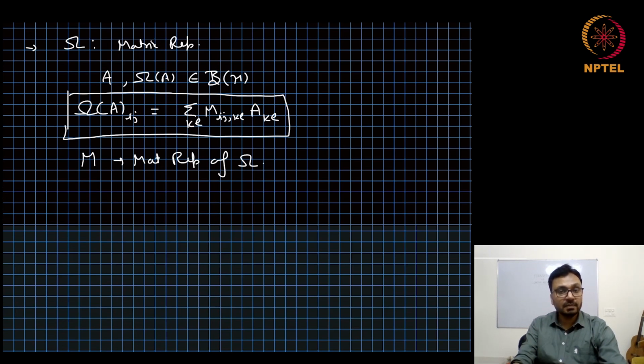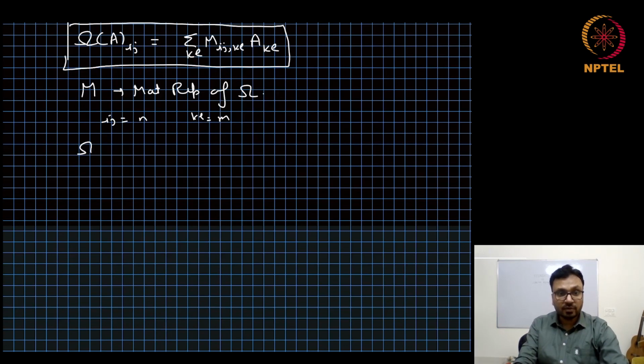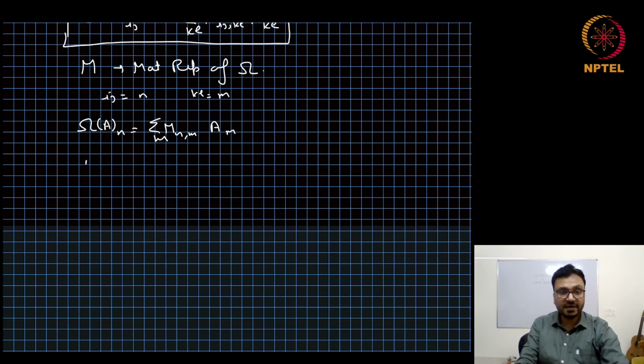We are using a double index, so if we identify ij with small n and KL with small m, then we can say that omega of A, n, is M_nm A of m, sum over m. In that way, you can see that we have a vector which is omega of A, and that is equal to some matrix acting on vector A.